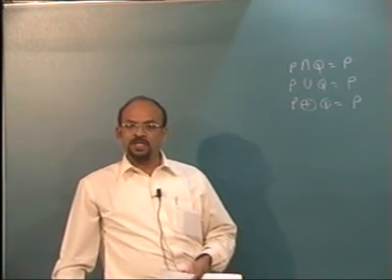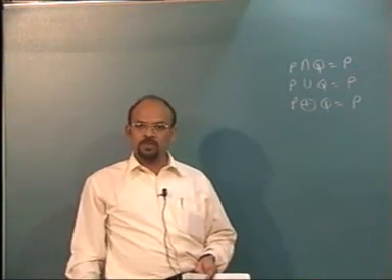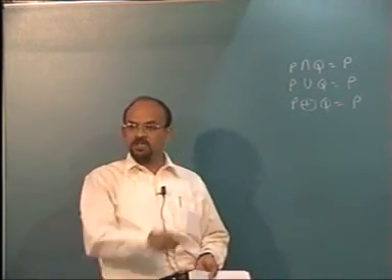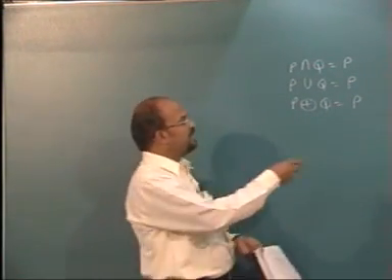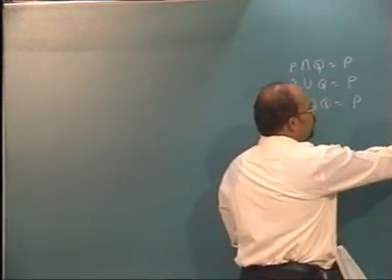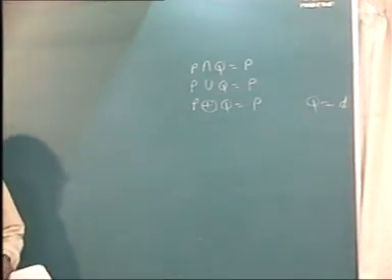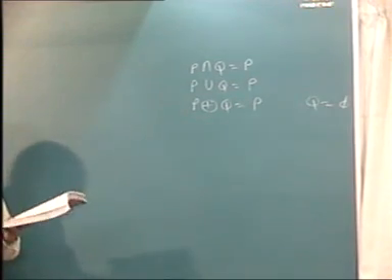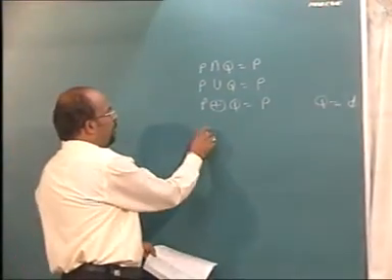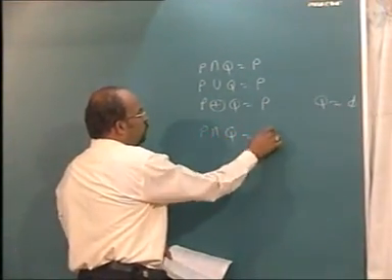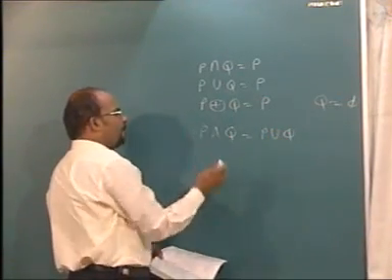But then Q minus P will result in set Q, whereas the elements of Q are not added. In other words, Q is equal to phi. Q must be a null set. Then P intersection Q is equal to P union Q. P equal to Q.